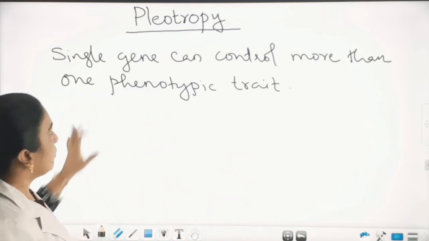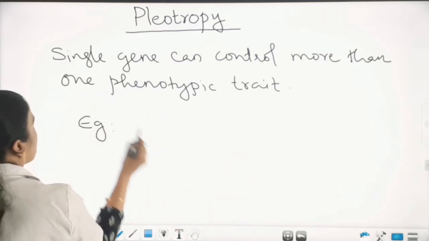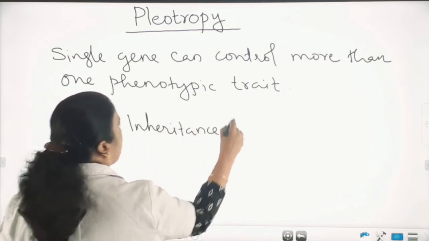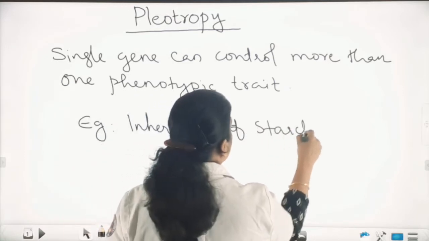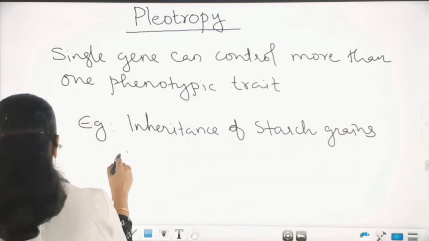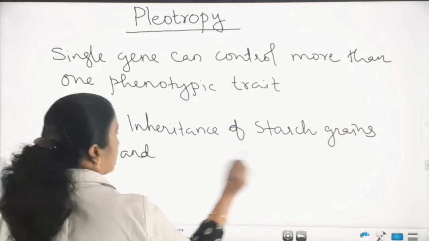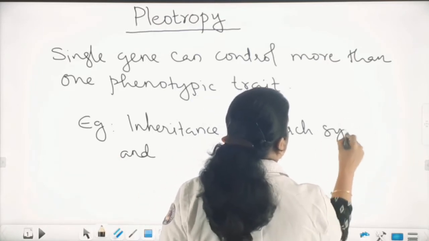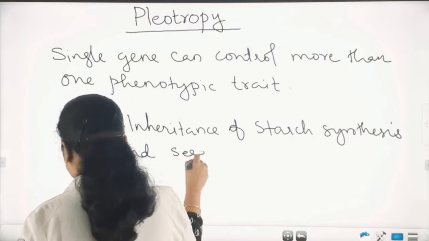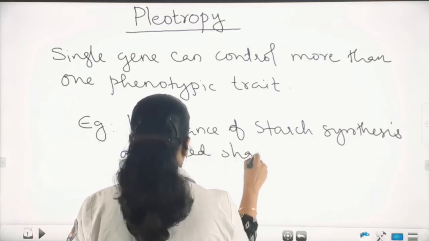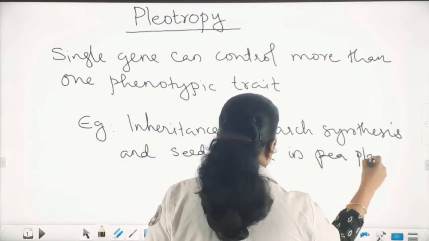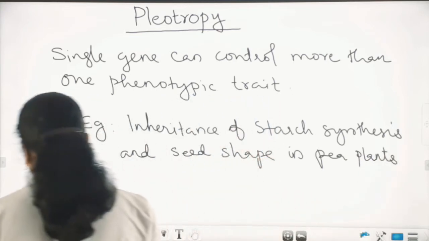Okay. So the example is the inheritance of starch synthesis and seed shape in pea plants or in pea seeds.